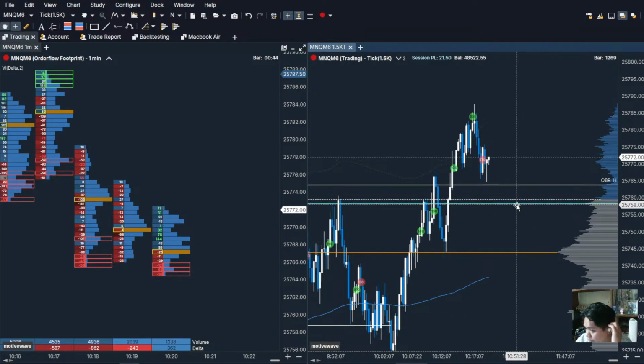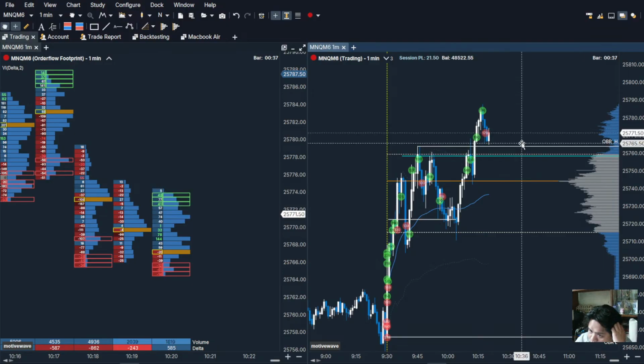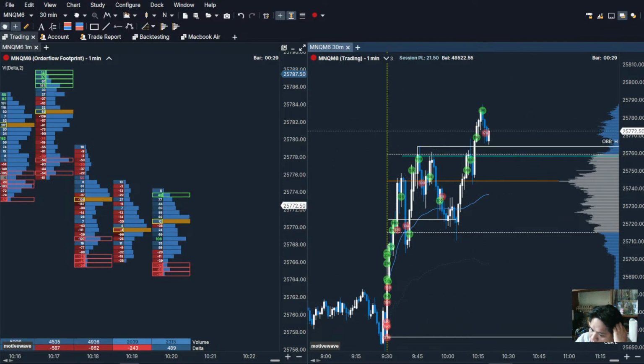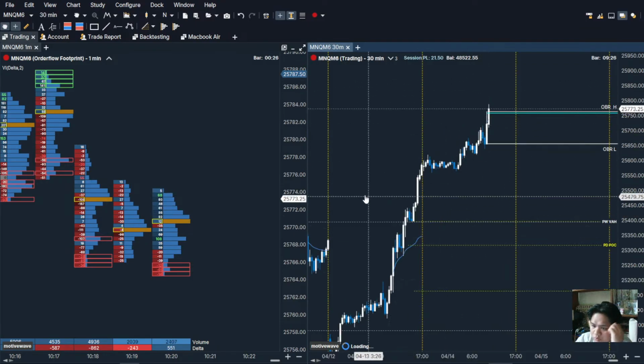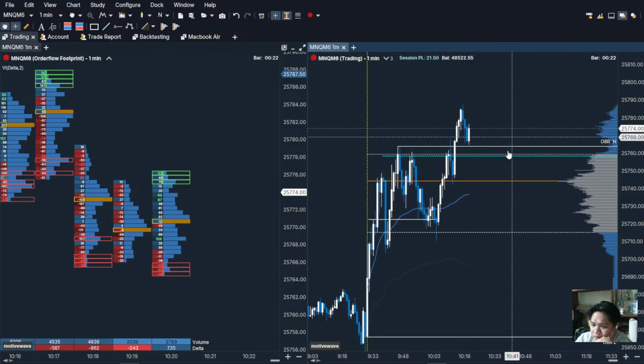I need it to tap here though. I would like for the market to tap there. But to be honest, I don't want to be a buyer here. If you look at the 30 minutes, we're way up too much. So I'm not really liking that idea.